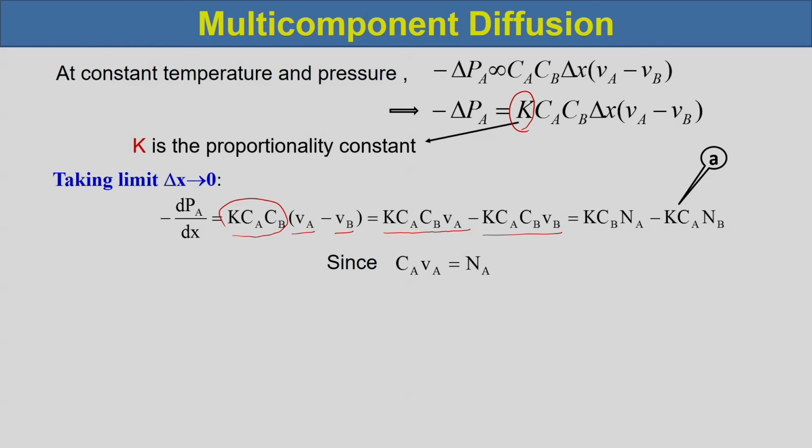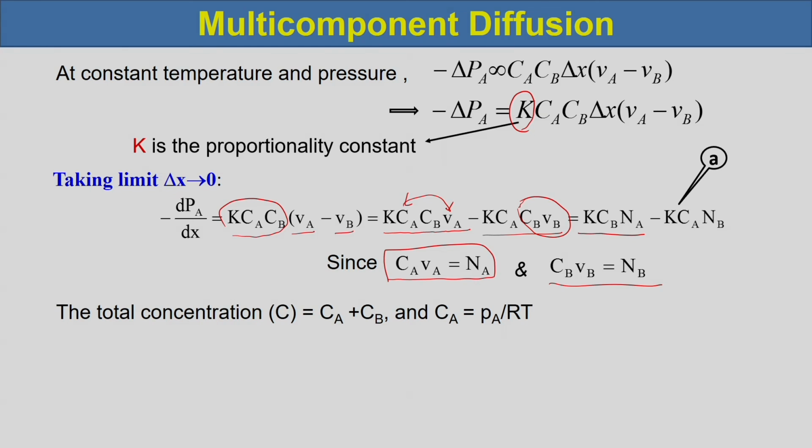Now, as we know, Ca into Va is Na. So, we can substitute these two terms, Ca and Va, with Na. So, we can write k Cb Na, and similarly Cb into Vb is Nb. So, if we substitute Cb Vb with Nb, we will have minus k Ca Nb. So, this is equation 1.